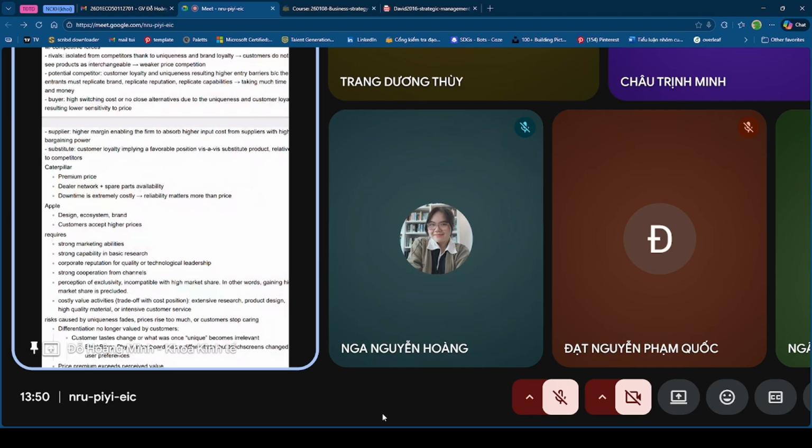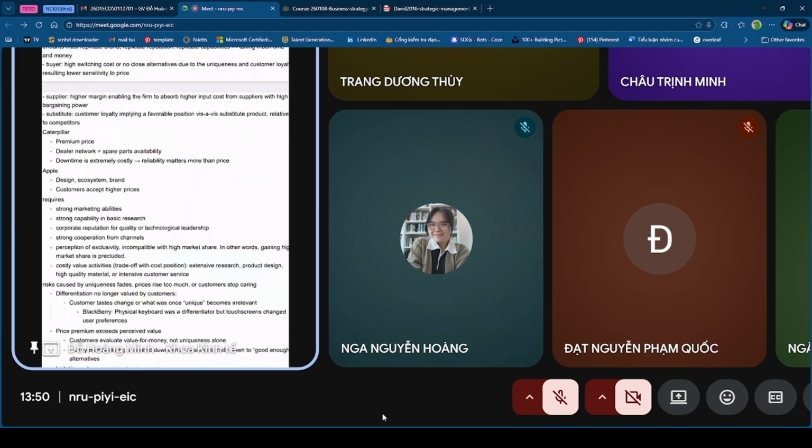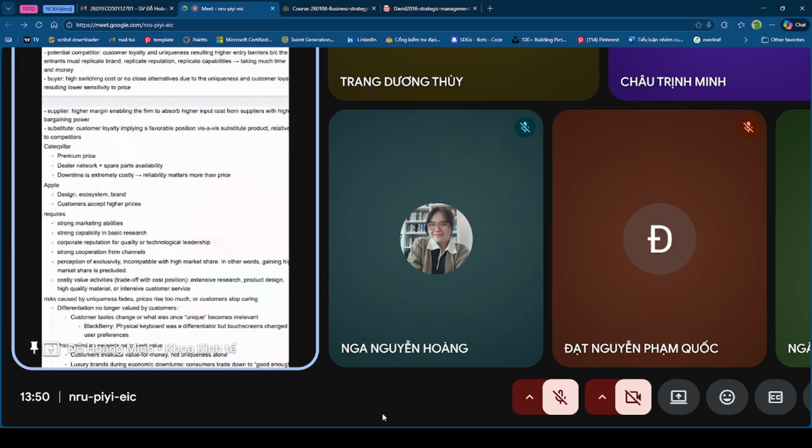And of course, this effort takes time and money. So the buyers will have high switching costs, because your product meets their demand.